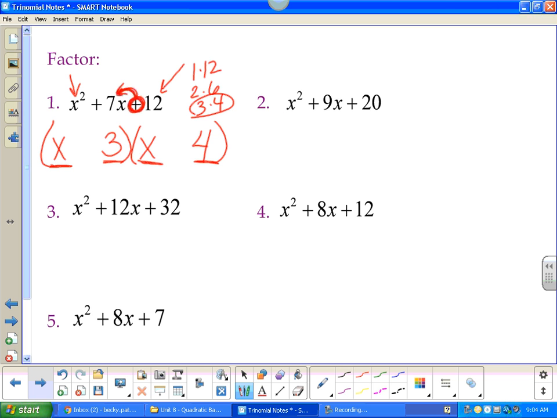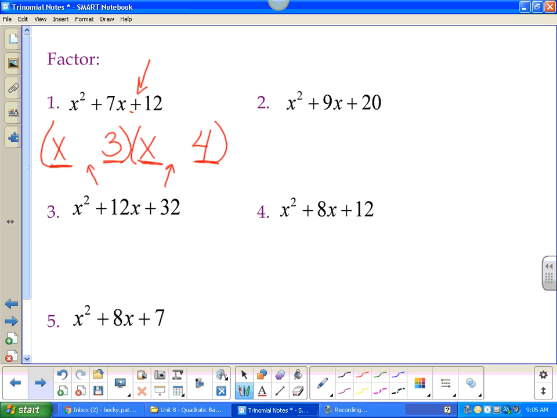Okay? Once you get your numbers in place, then you have to figure out what your signs are. And I know these are all positive, so you know your two signs are going to be a positive, but you know that's not always going to be the case. When your second sign is a positive, your signs inside your two parentheses will be the same. They will either both be a plus plus, or they will both be a minus minus.